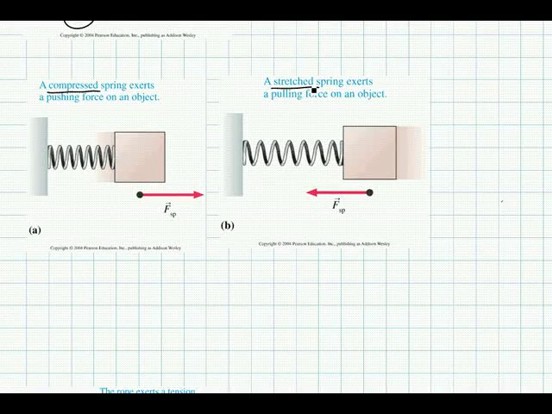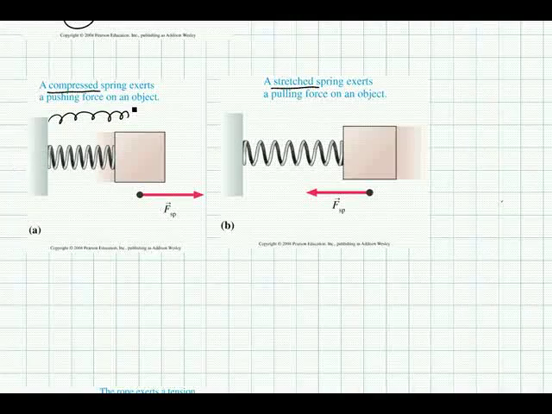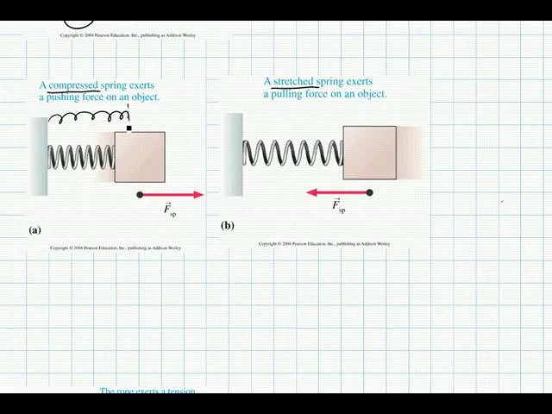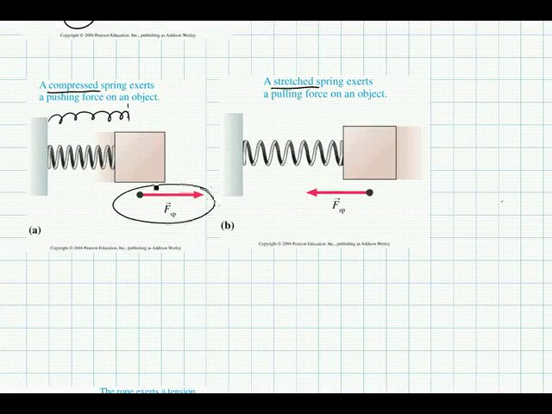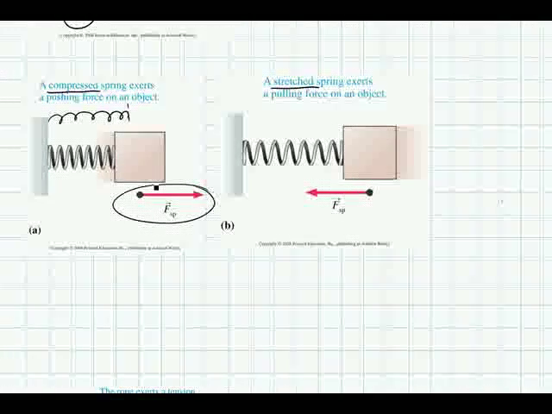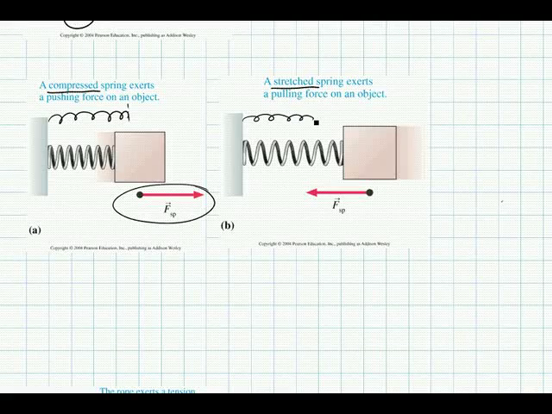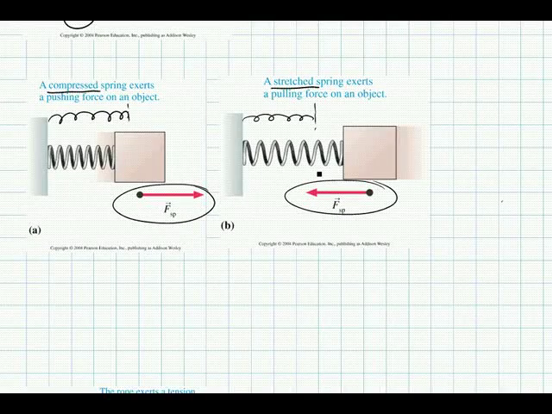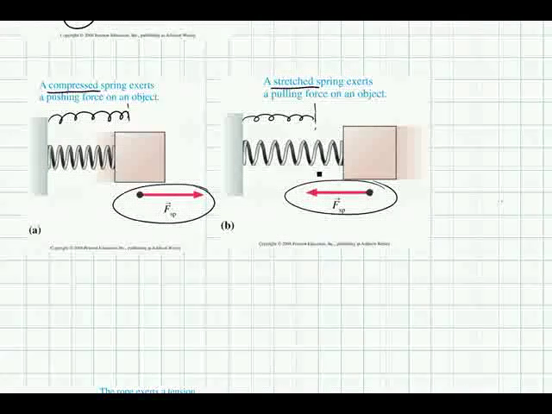If this is the natural length of the spring right there, and the object is compressing the spring, then the spring force will be towards the object. And once again, this is the natural length of the spring. If this object is stretching the spring, then the direction of the spring force will be away from the object. So watch out for that.